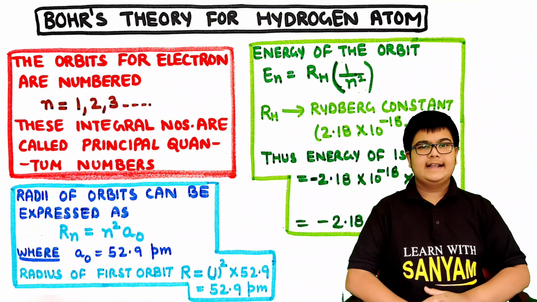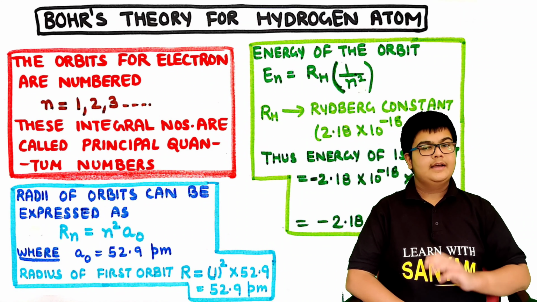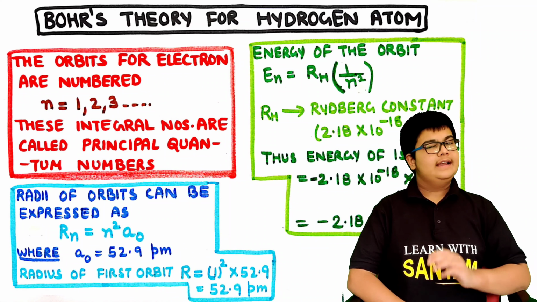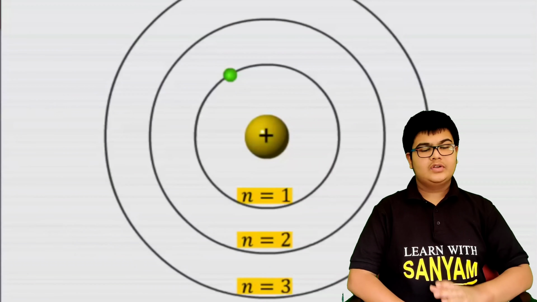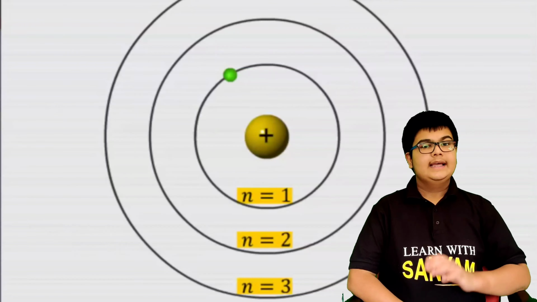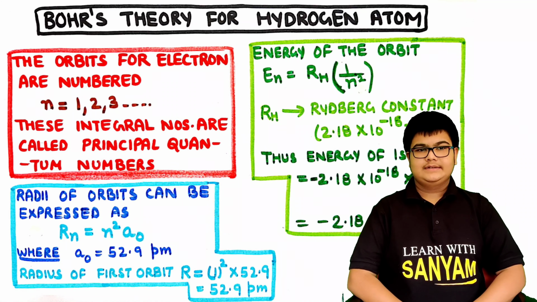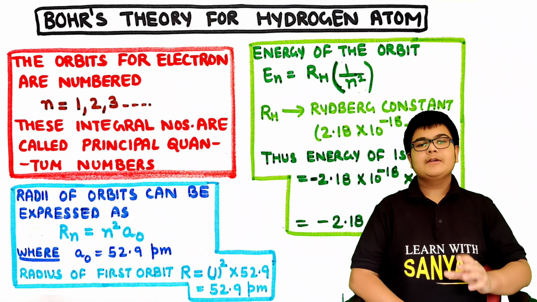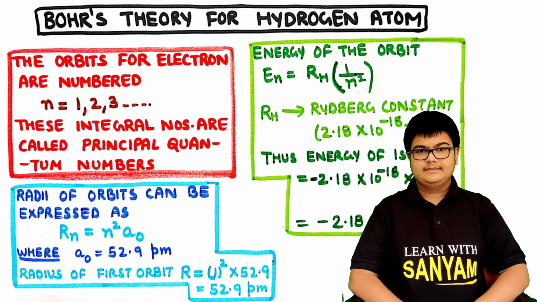So let's understand Bohr's theory for hydrogen atom. First, the orbits for electrons are numbered n equals 1, 2, 3 and so on. These integral numbers are called principal quantum numbers. We shall deal with principal quantum numbers again in the 5th and 6th lectures.